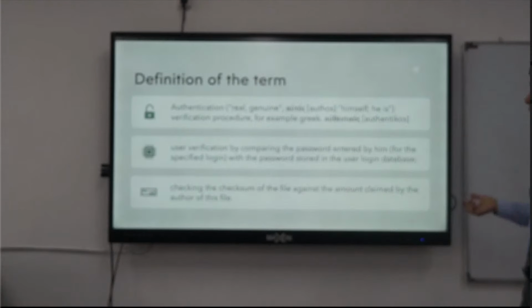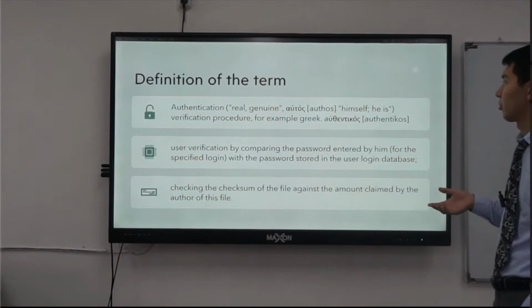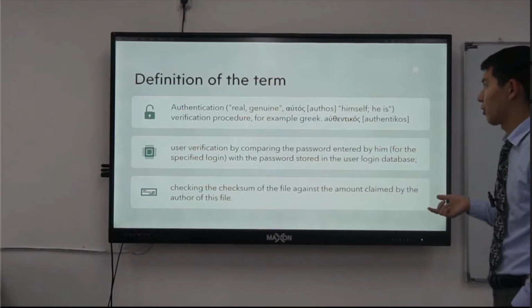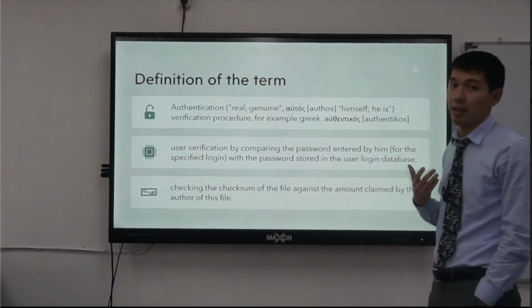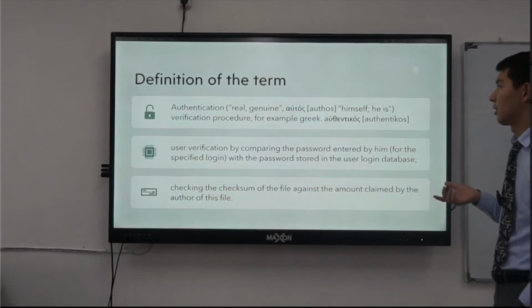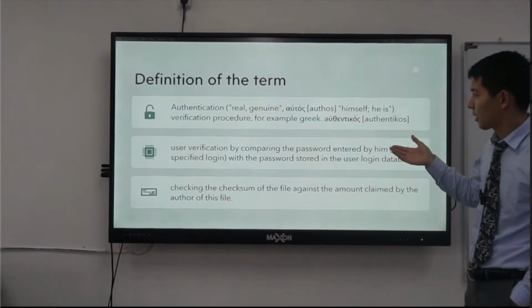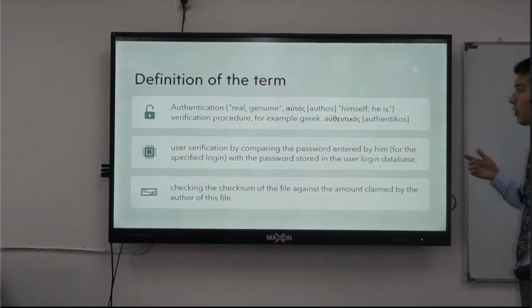Let's define the term authentication. By the way, this word came from the Greek word, and it means verification. Verification means we are proving that we are who we are. For example, I'm proving that I'm Temirlan. Then the second step is user verification, comparing the passwords that we entered with the database.